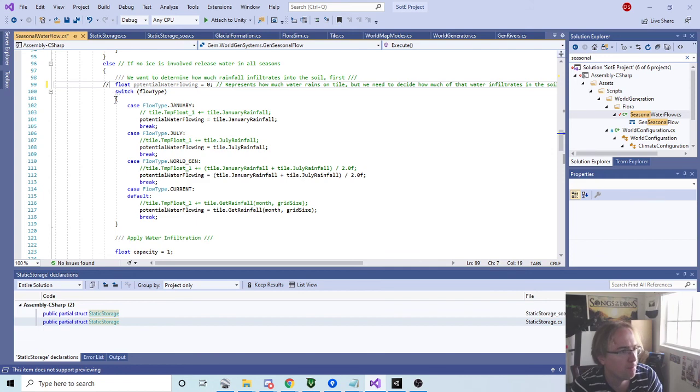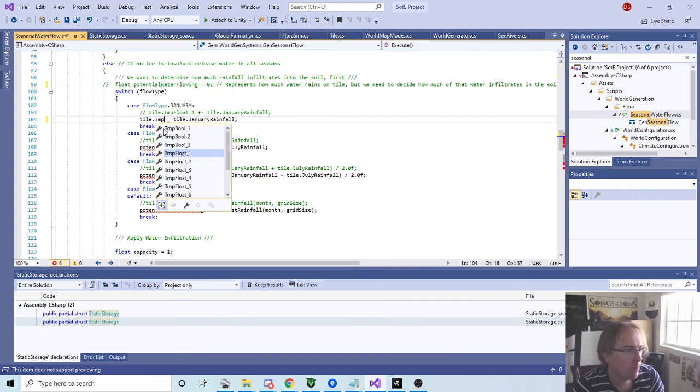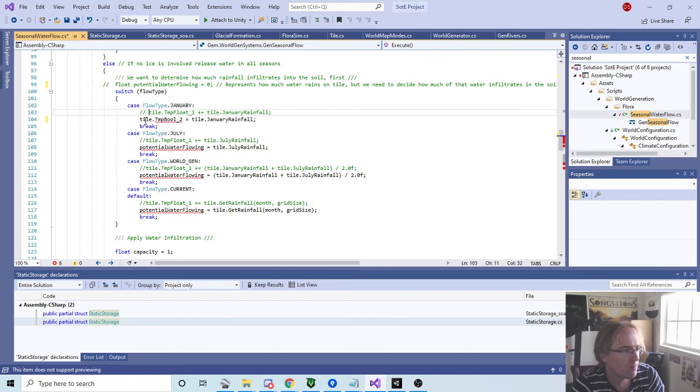Okay, so now we'll just store it on the tile for now. Hey, what are you complaining about? What? Oh, whoops. No, not a bool. Temp float. There we go.